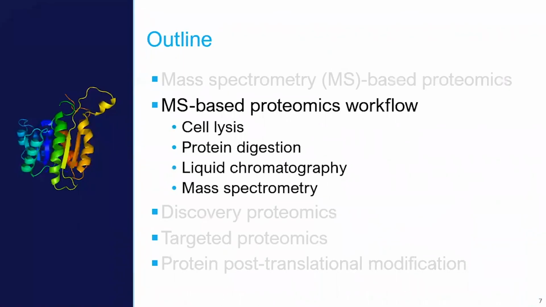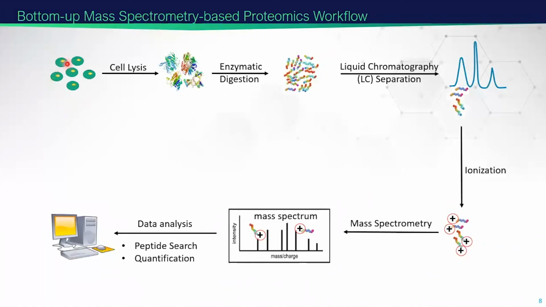Next, we will look at how mass spectrometry-based proteomics works. What is the typical workflow? Basically, you have the cells or some samples like blood. We need to get the proteins extracted from the cells using cell lysis methods, and then digest the proteins using enzymes into smaller peptides.